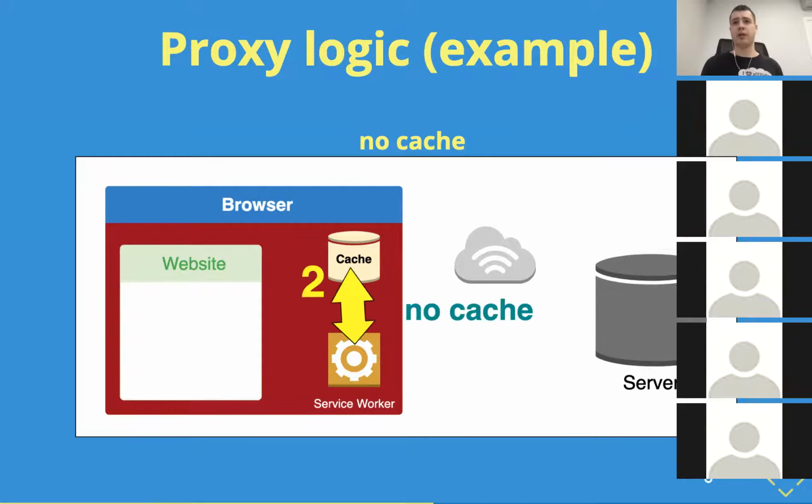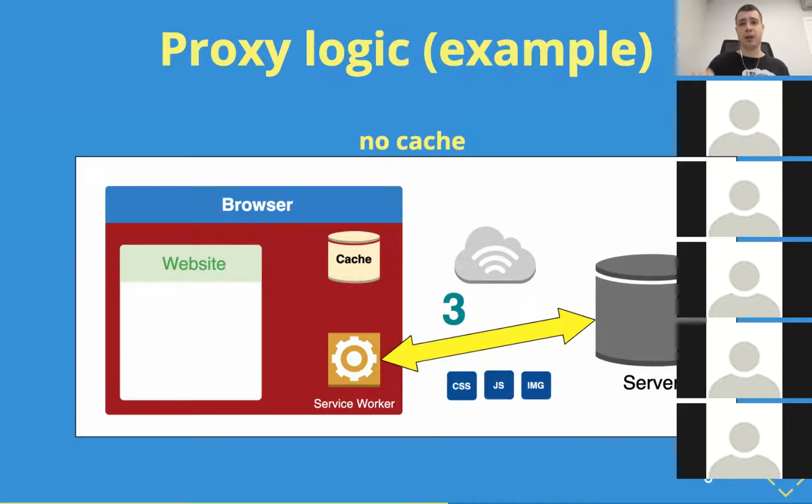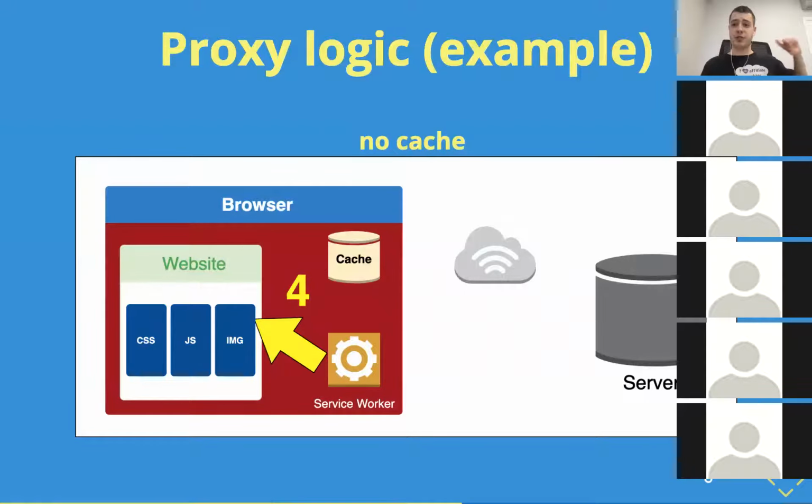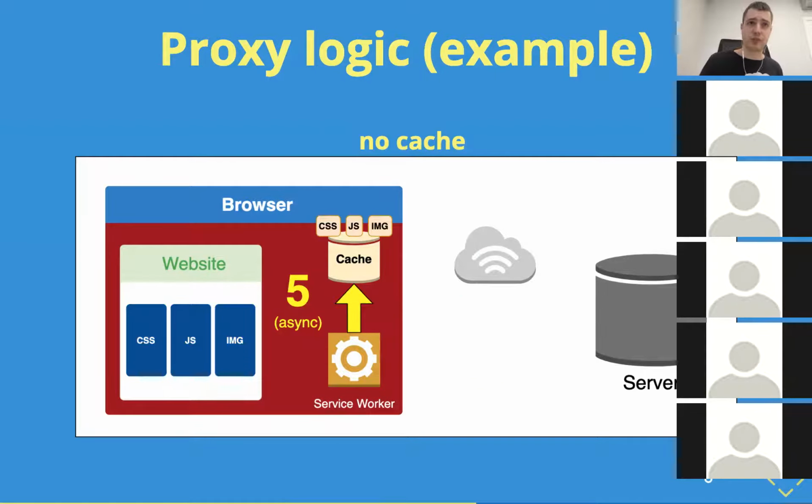The service worker looks up the browser cache, and if there is no cache, obviously, because it's the first load of the page, it goes to the server, asks for the necessary data there, then returns it immediately to the website, and asynchronously puts it into the cache.